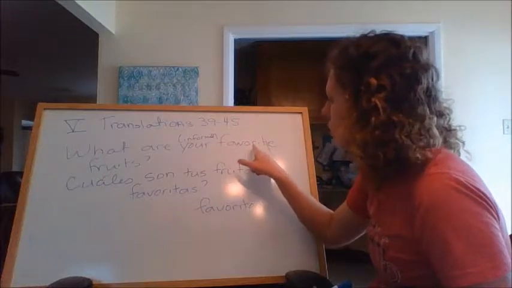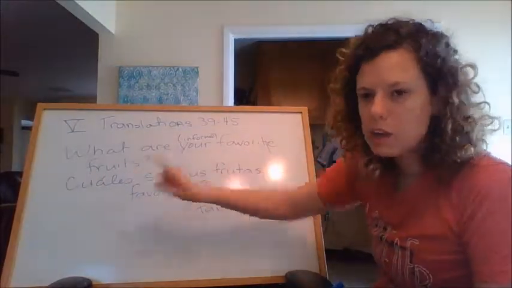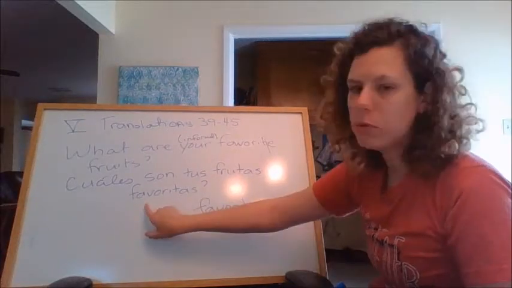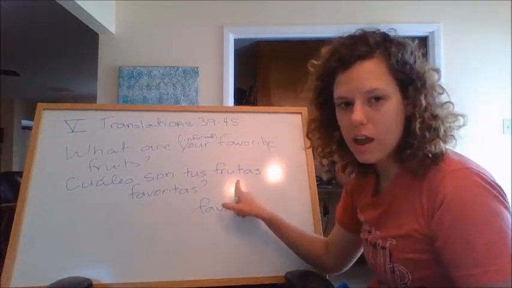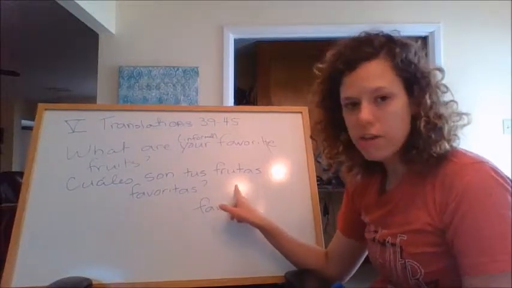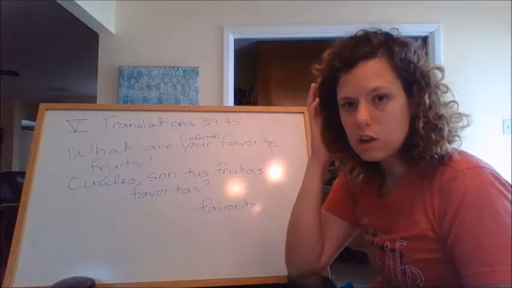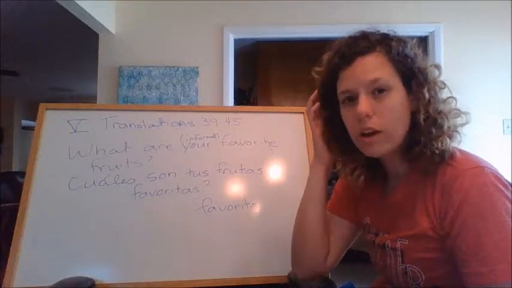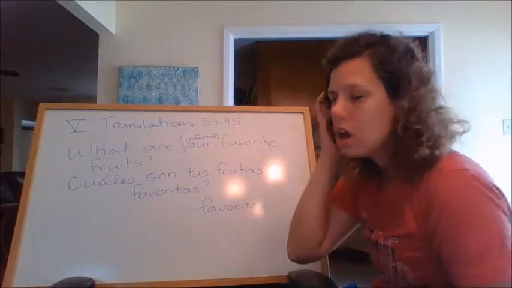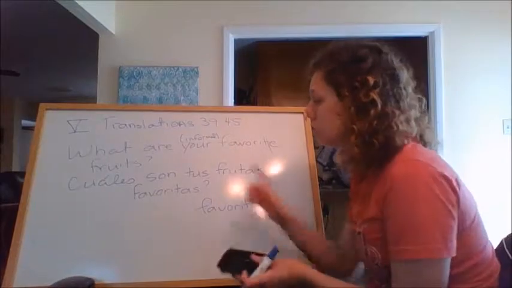Because in English we normally put the adjective before the noun. But remember that in Spanish, you have to put the noun before the adjective. The adjective goes after the noun, okay? So I will be marking off for that if you forget that, okay? Because that's an important thing. In Spanish, the descriptive adjective, an adjective that describes what kind, how many, which one of the noun, has to go after, okay? So don't forget that.